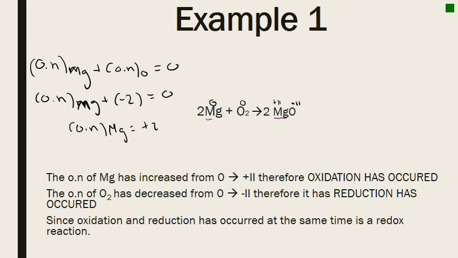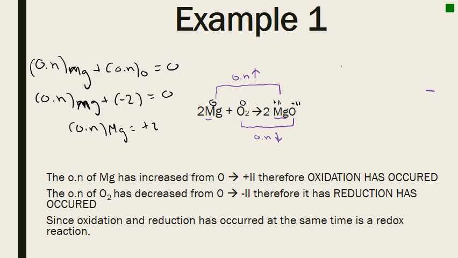So Mg went from 0 to +2, so the oxidation number increased. While with oxygen, it went from 0 to -2, so the oxidation number decreased. Now remember, oxidation number increased, it went from 0 to +2. That means electrons were removed.